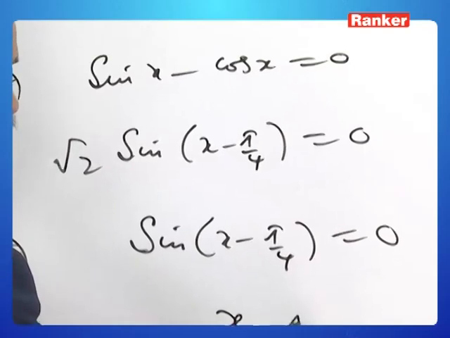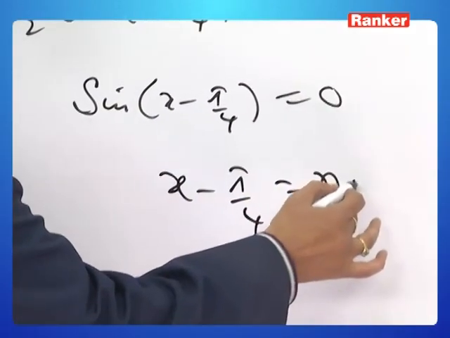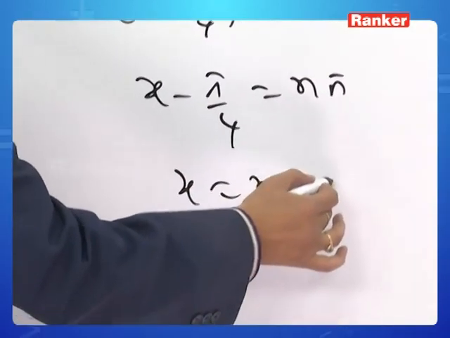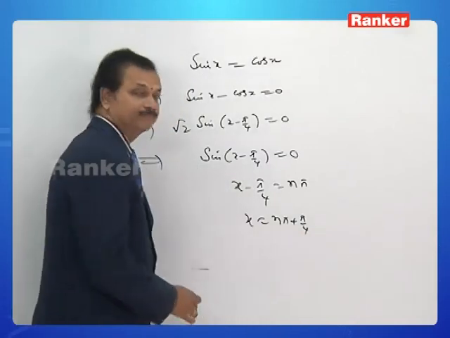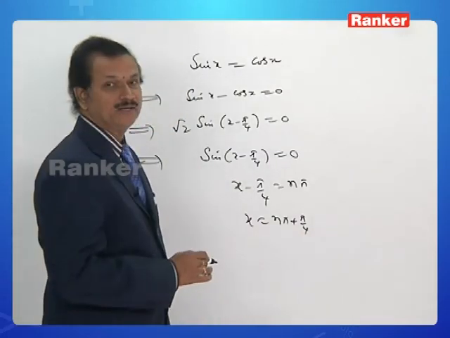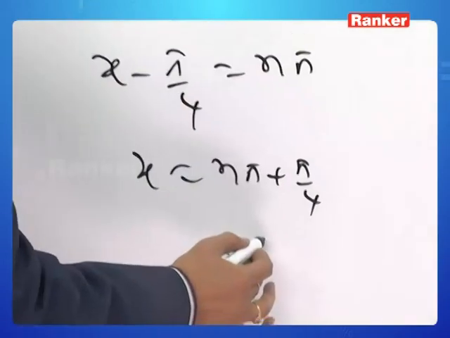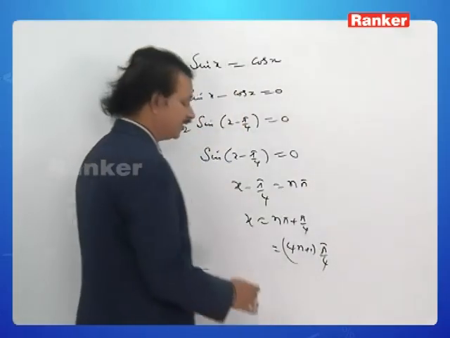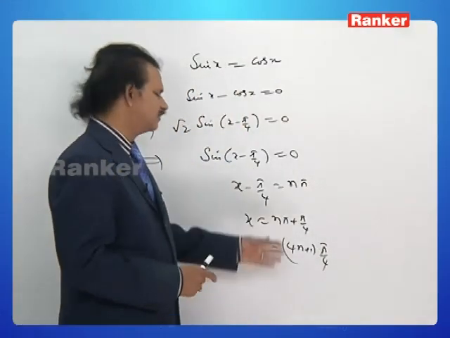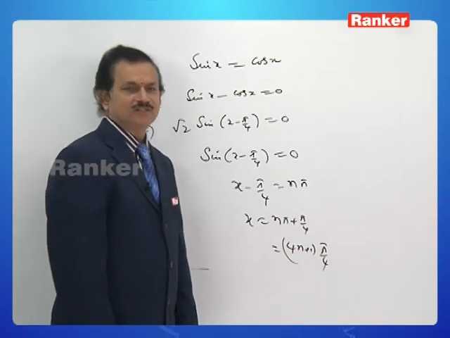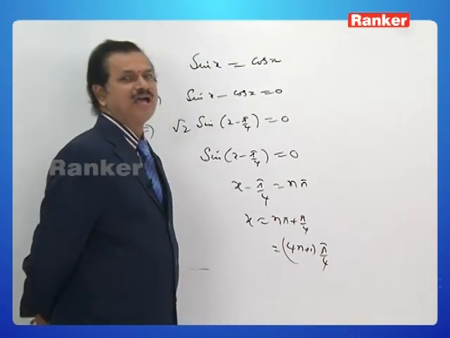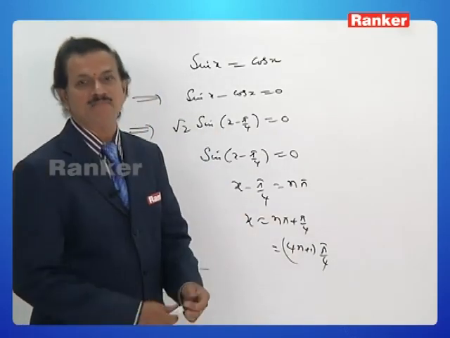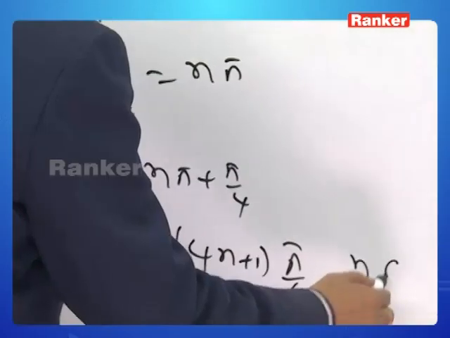Therefore, x minus pi by 4 is equal to n pi, so x is equal to n pi plus pi by 4. This can also be taken as 4n plus 1 into pi by 4. I have just taken the LCM, nothing new in that. So when does sin x equal cos x? When and only when x is equal to 4n plus 1 into pi by 4 for all n belonging to Z.